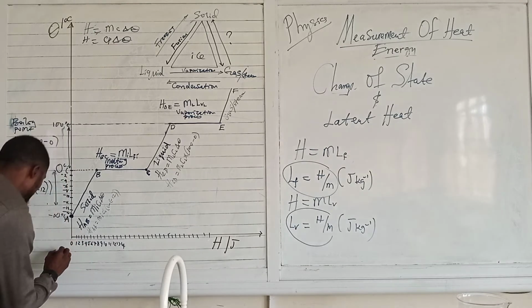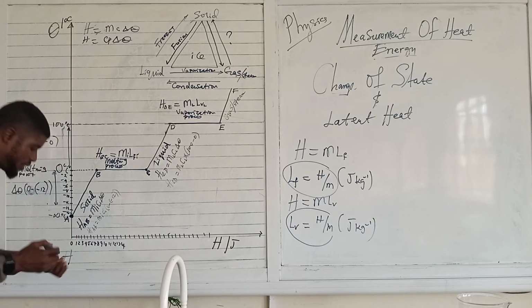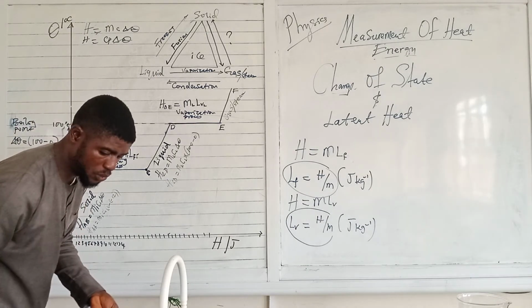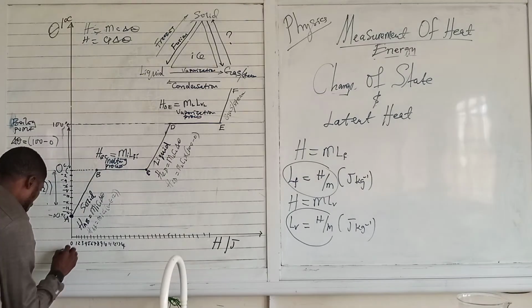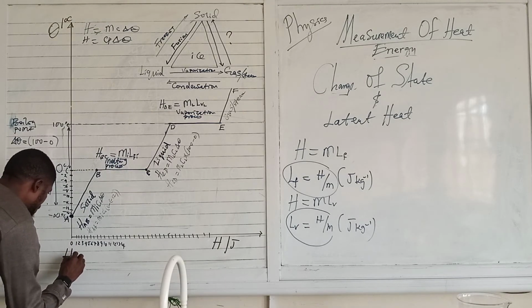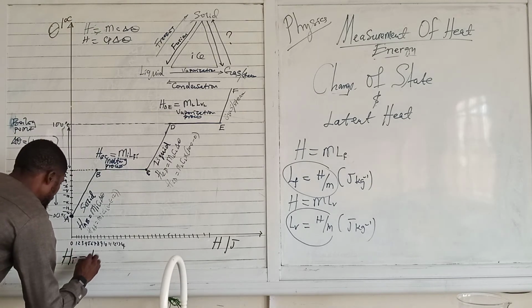What will you write? The total quantity of heat energy that can do this work, HT, is given as what?